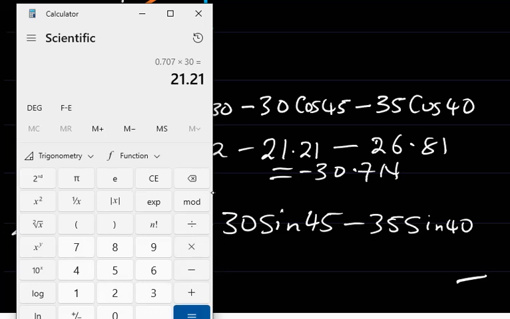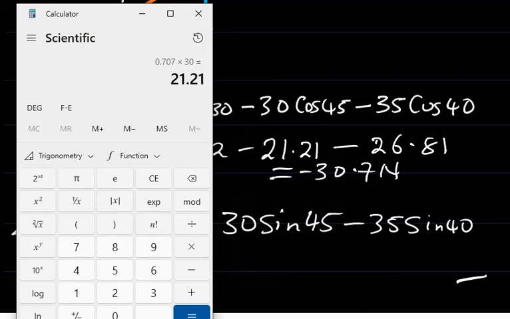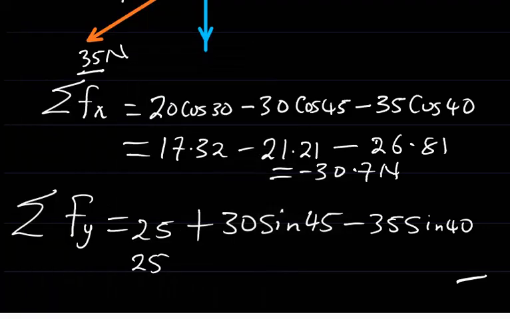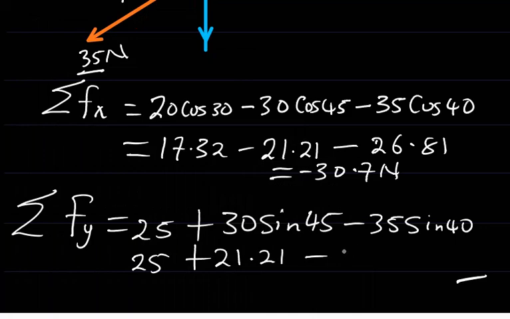Sine 45 is 0.707, multiplied by 30. So we have 25 plus 21.21. Then minus the sine of 40 multiplied by 35, that is 22.5.